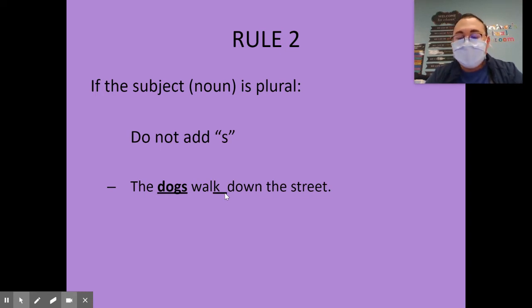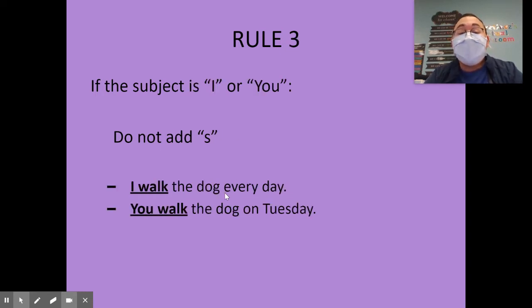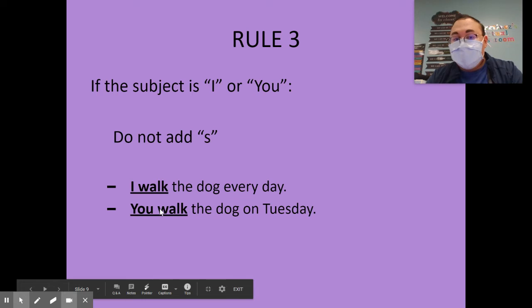No, right? Rule number three, if the subject is I or you, so like I walk the dog every day, you walk the dog every day, that's still talking about one person, singular. So we do not add S to our verbs. I walk, you walk, okay?